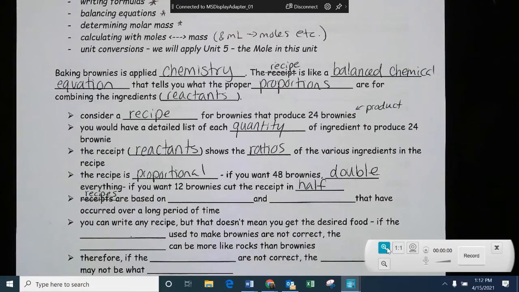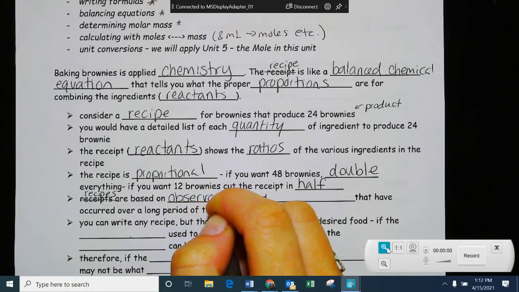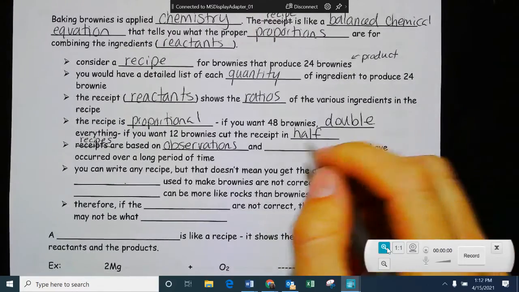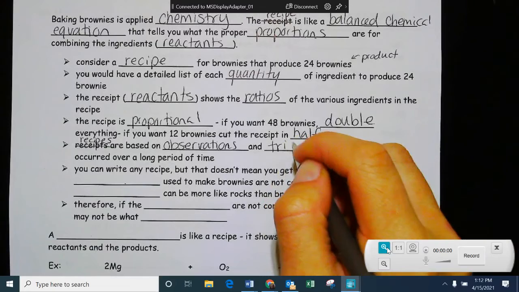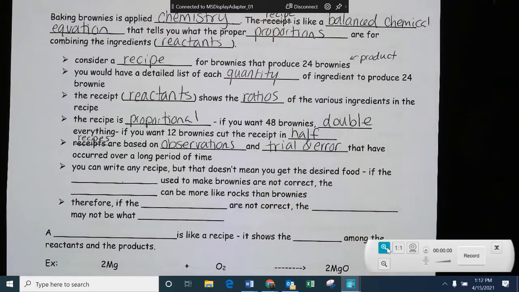Okay, recipes are based on observations, as well as trial and error. Have any of you tried to bake something not using a recipe and just gone totally off script before? Oh yeah? Did it work out?